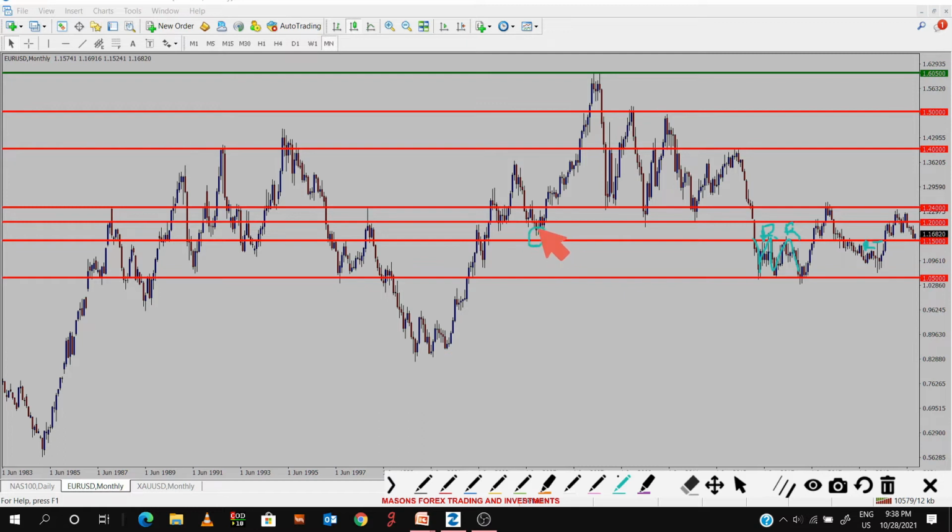Price almost reaches this level. We can call it support. Here we have a resistance level. Another resistance level right here. Again, significant based on price touching the level.